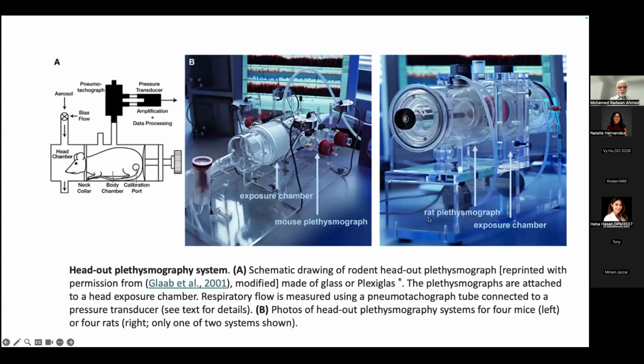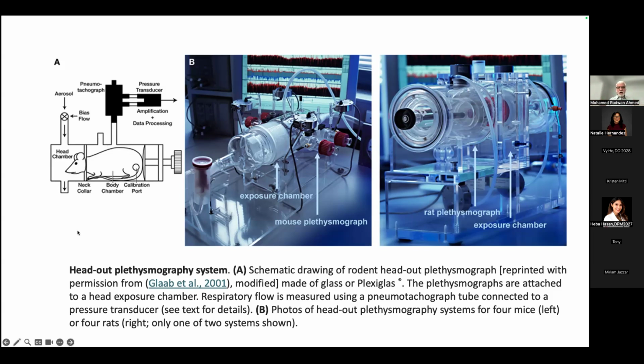This is how we do it. You put the rat or the mouse inside this plastic tube, and you connect everything, the drums and everything which measures. And here you can even give aerosol like an allergen. The plethysmograph and the piston measures, adjusting to the body wall, and then this device measures the change in the volume of the chest.